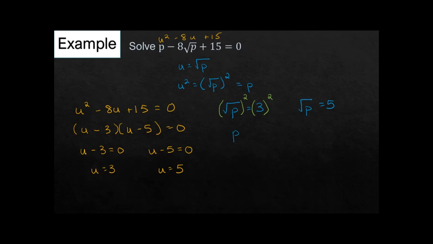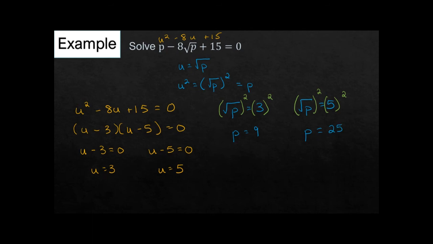So that will give you p equals 9 as one solution. And then I square both sides again, and we get p equals 25.